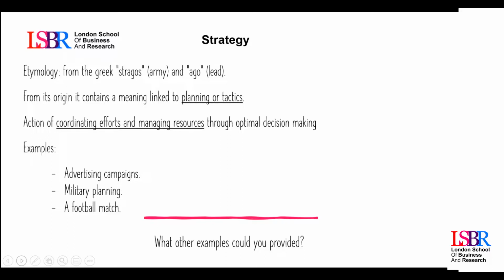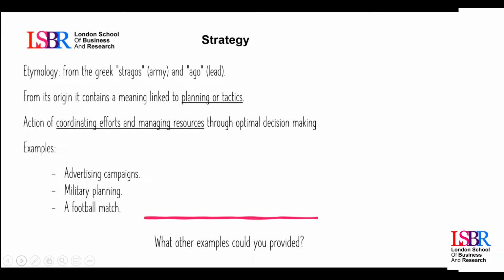So another example is military planning, that, for example, in wars or military tactics, they need to be very, very intelligent to create a strategy and win the fight. And another strategy is a football match.